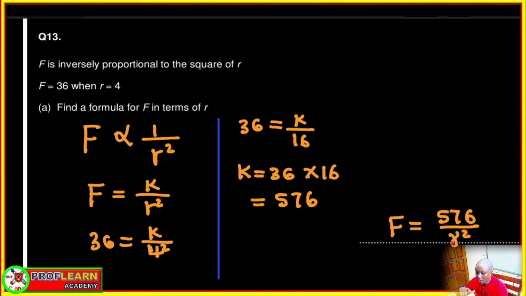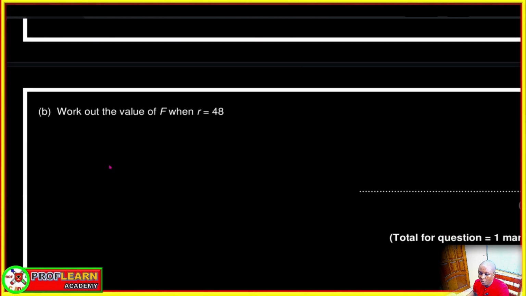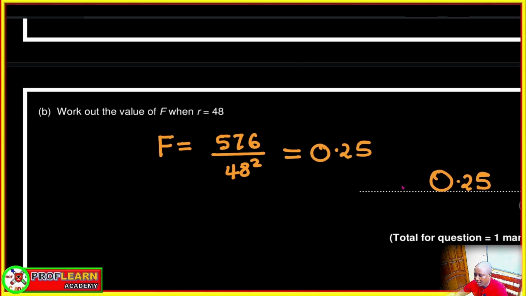Basically that's what we are going to do at that point. Once you have gotten this, the next thing is to work out the value of f when r is 48. Remember we said that f is equal to 576 over r squared. So our r is 48 squared. If you work it out, you're going to get your answer as 0.25, something like that.